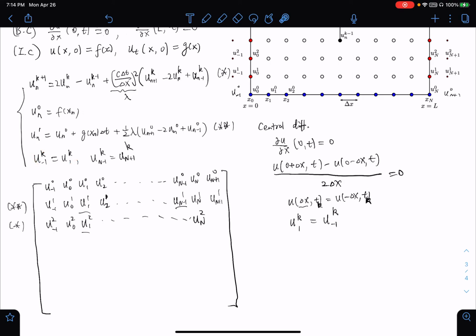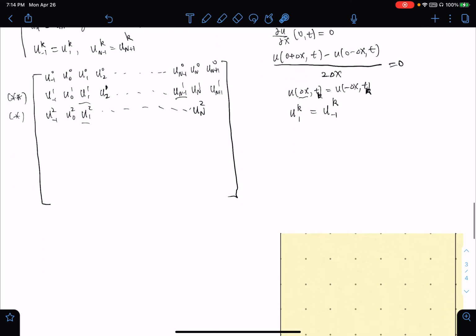So basically, using two for loops, you can generate all the values in this matrix using the information specified here. So in the implementation, you only need to specify a few values in the first row, and also these values, right? So the stability condition is the same.